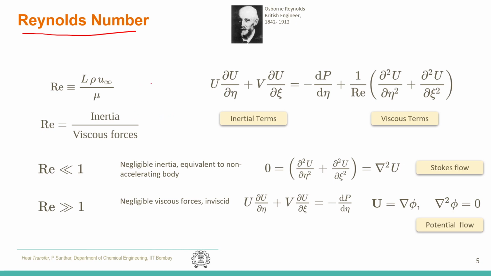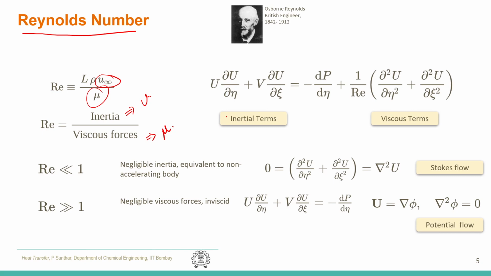Inertia you can characterize by the velocity of the fluid, and the viscous forces you can characterize by the viscosity mu. Over here, V corresponds to the velocity of the fluid, whereas mu corresponds to the viscosity of the fluid. That is how you can remember that this is a ratio of inertial force upon viscous force.